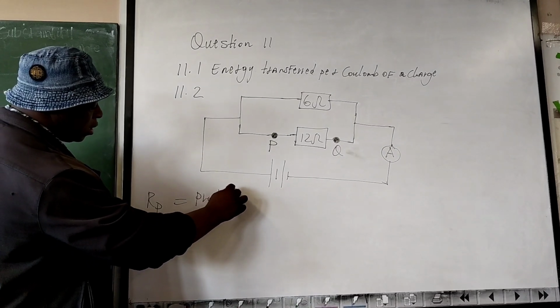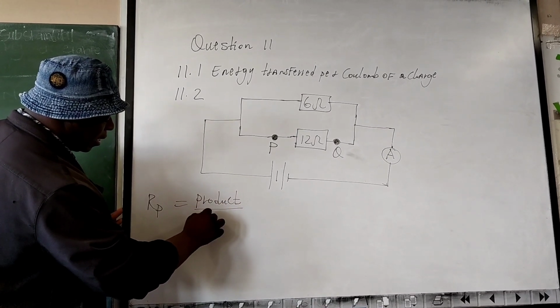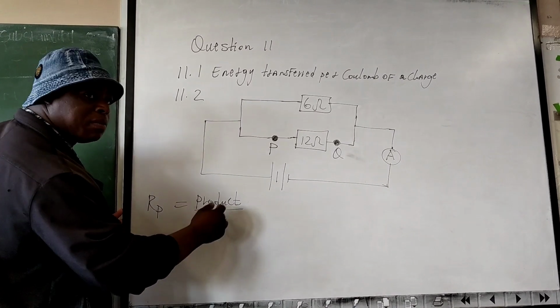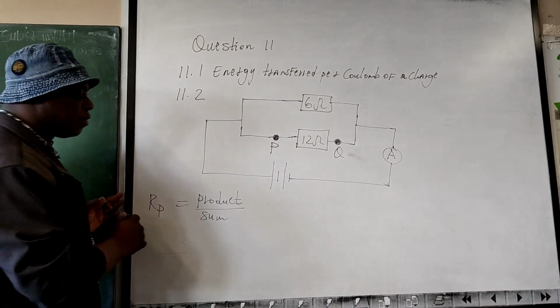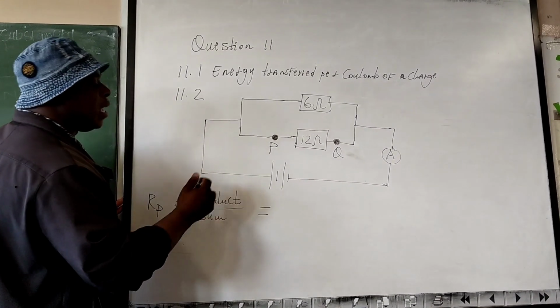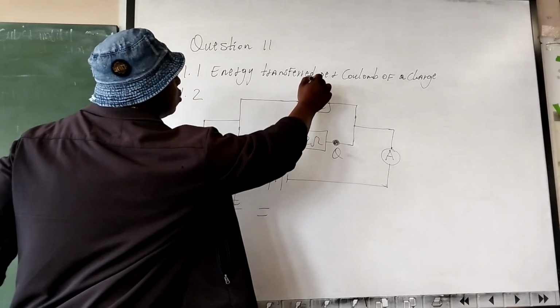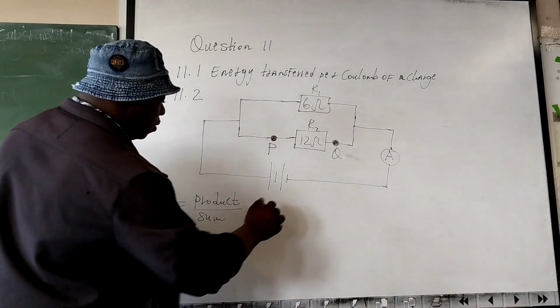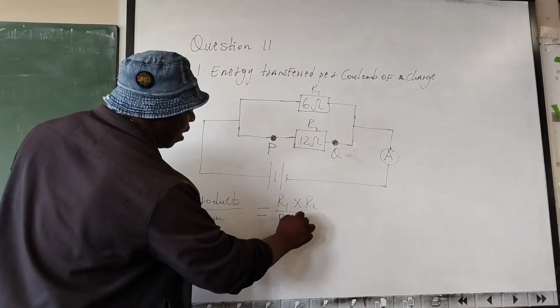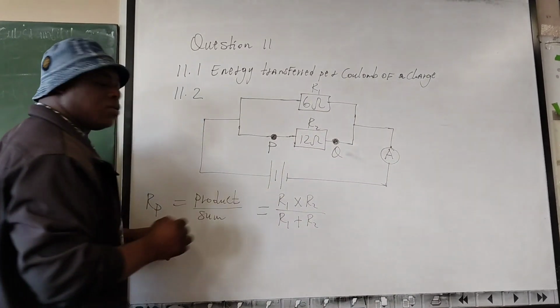So by product over sum rule, I mean this. It's product. You don't need to write that, right? I'm just writing that because I am explaining. Otherwise, you don't need to do it. You can just go straight and perhaps label your resistors. So if you call this R1, you can call that R2, right? So you can go and say R1 times R2 over R1 plus R2.